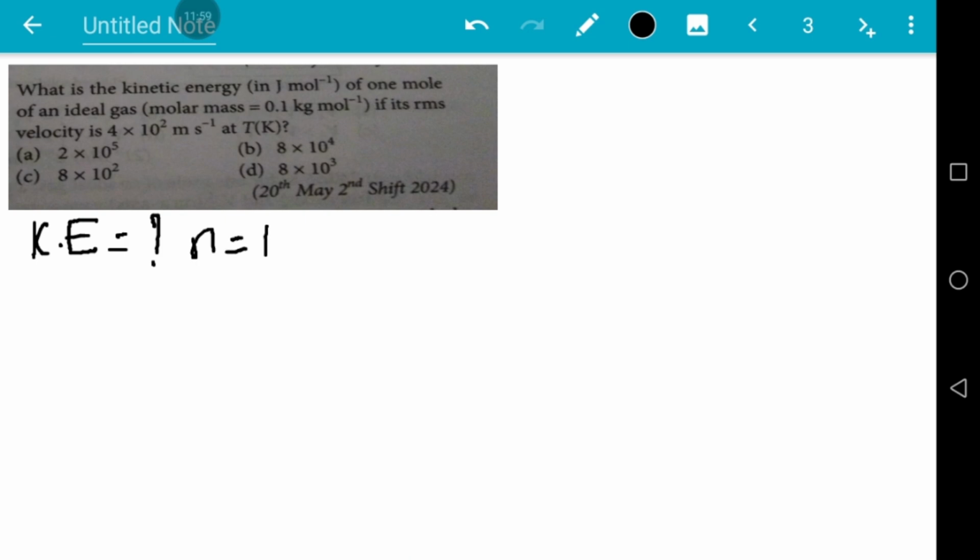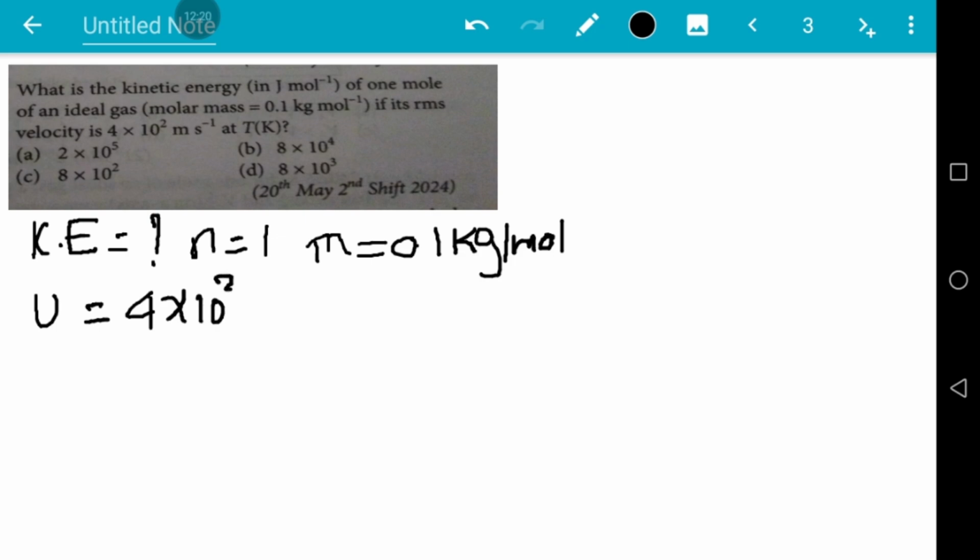Next, molar mass: M equals 0.1 kg per mole. Next, the RMS velocity, U RMS, they also gave: 4 into 10 square meters per second.